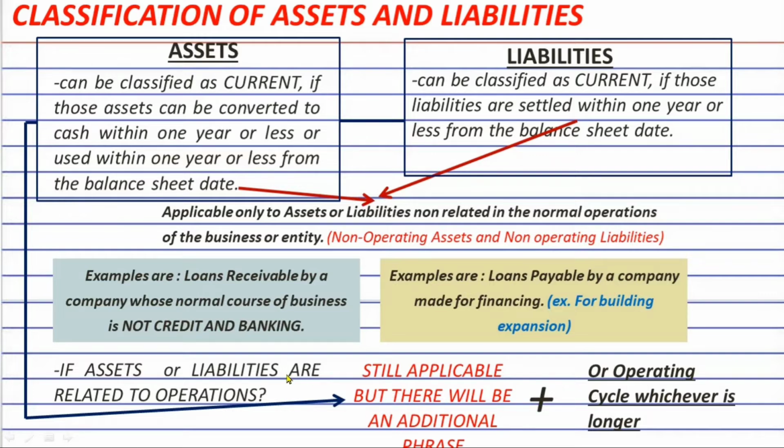Okay? So, that's what will happen to the classification. Now, there are two things that I will present to you before we apply these two right here plus this phrase. The first one is, what are the examples of these assets and liabilities related to operations? And the second one is, what is this operating cycle? So let's start with the examples.